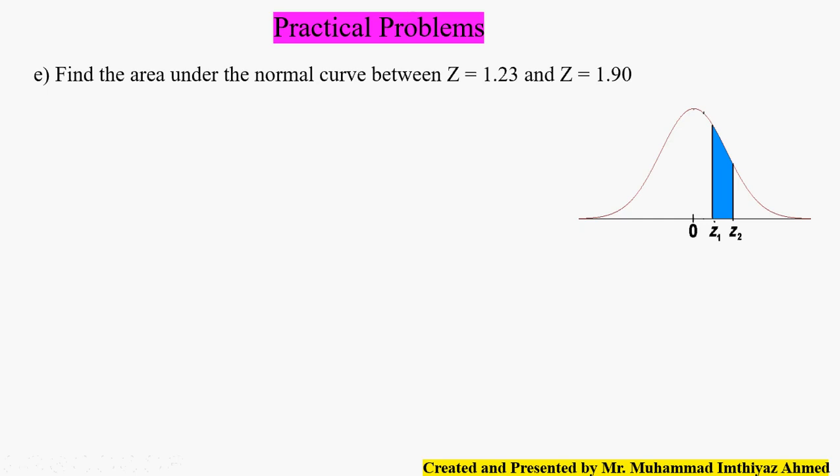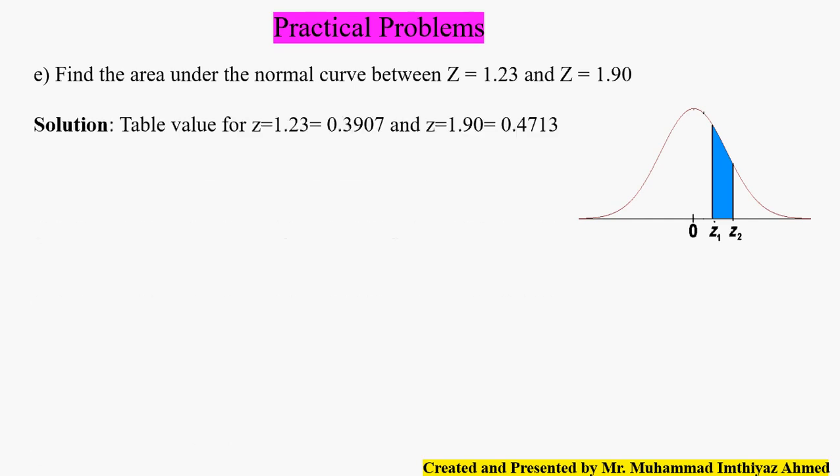So z1 is 1.23 and z2 is 1.90. So two values are given from 0. It starts towards right.